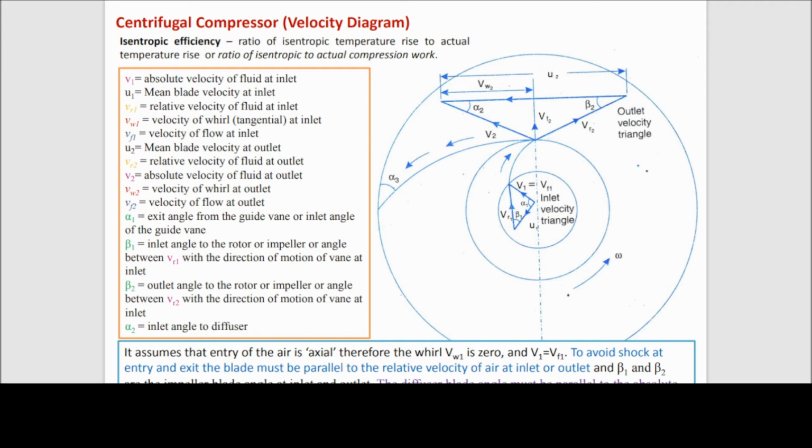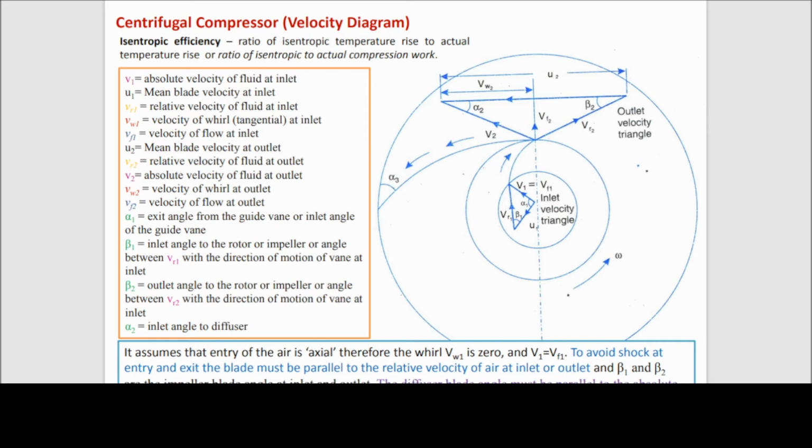There is no component for this relative velocity. Now if I close it, this is my relative velocity Vr1. So the arrowhead of this one comes at the tail of the relative velocity.